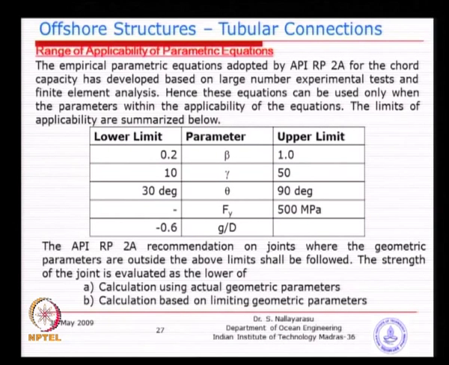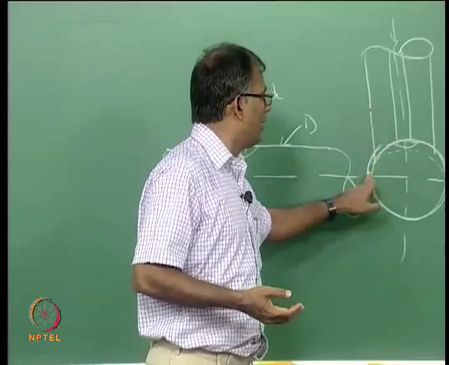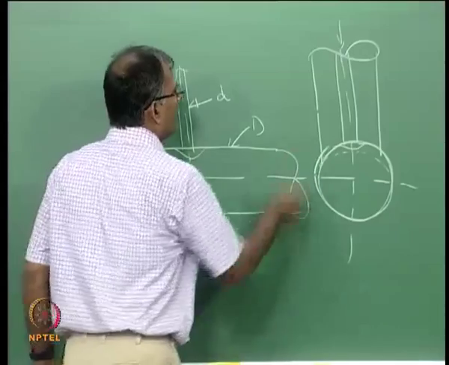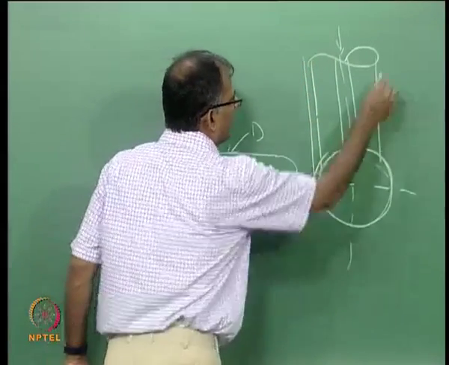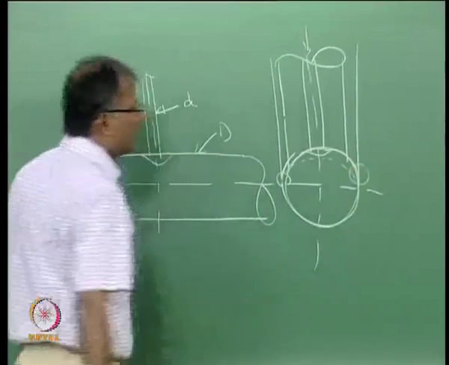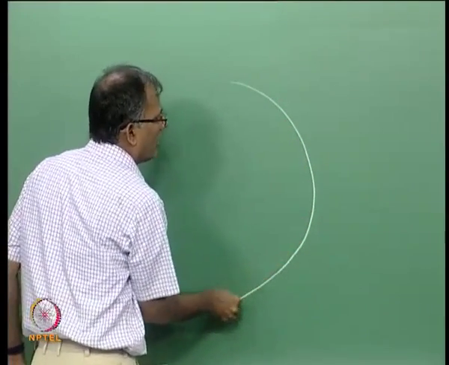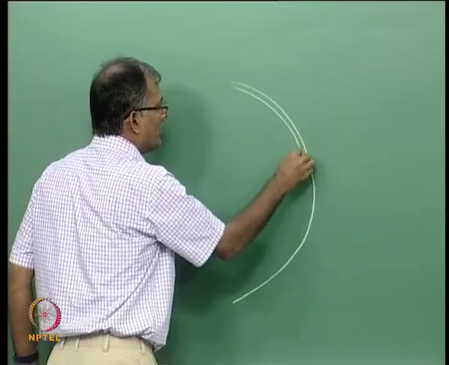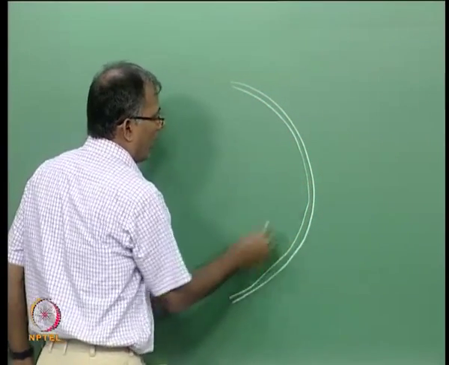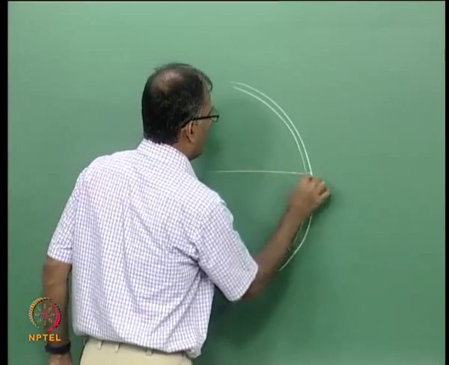They spent a lot of money, out of which within these parameters the main thing is 0.2 is the lower to the maximum 1, but in practice we do not want to go to a beta value of 1, because you will see when the diameter is equal to this diameter, these points become very difficult to weld. Weld in the sense, if you enlarge that location, basically that is your chord, you may have a wall thickness something like this, and the brace also is going to be, this is your center line.